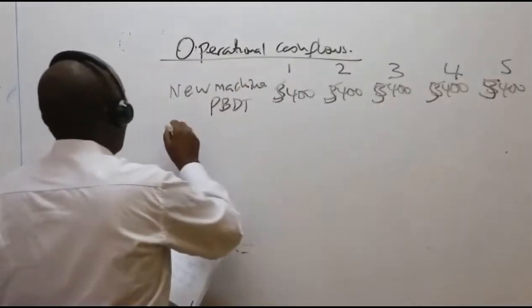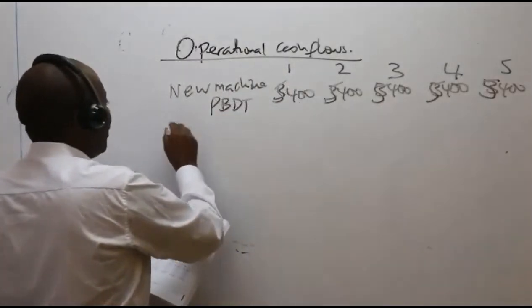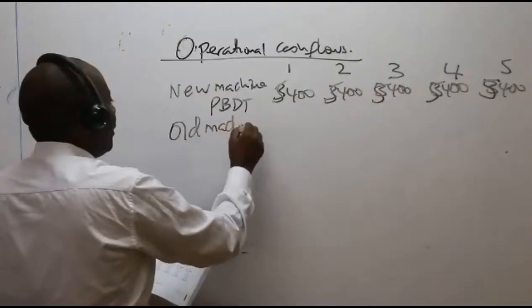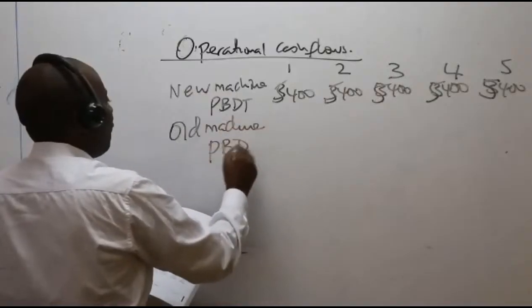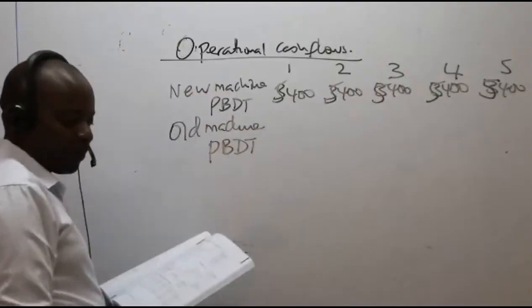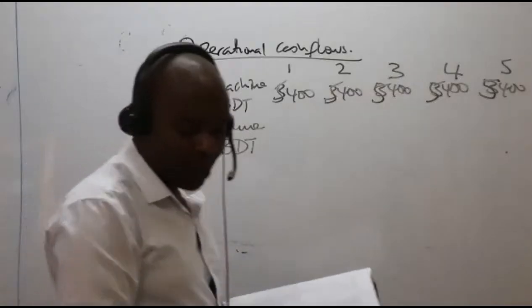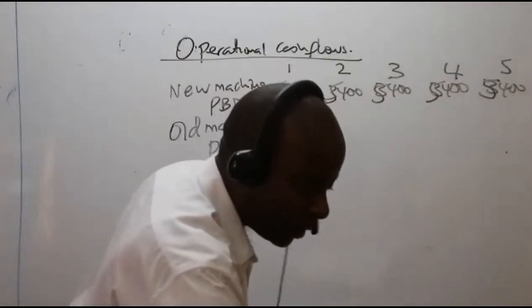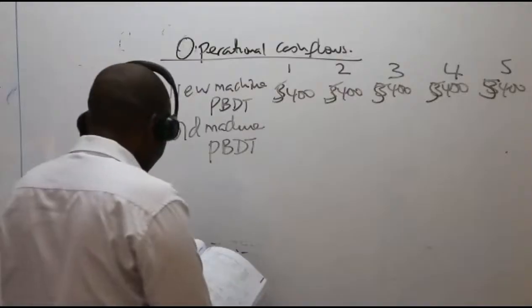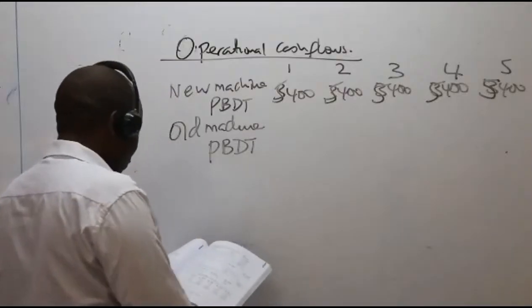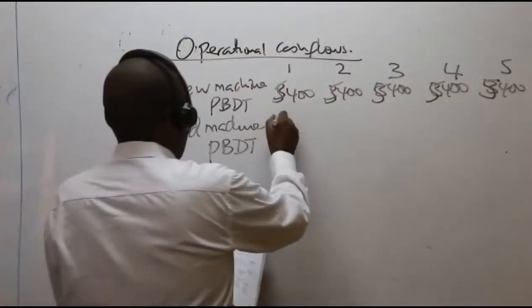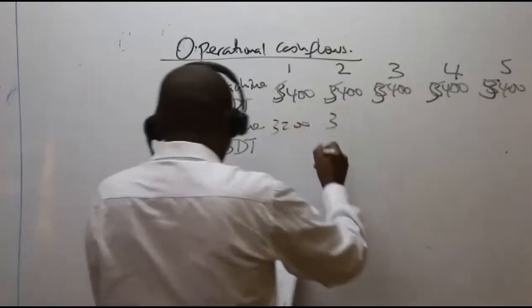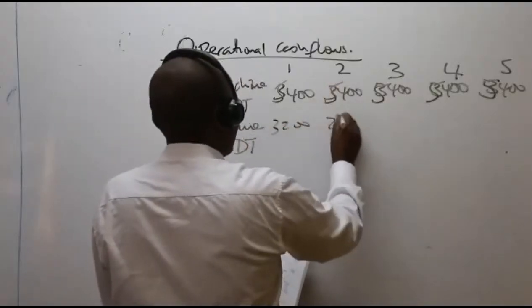So, ladies and gentlemen, come here and give us the old machine, profit before depreciation and tax. What figures do we have? So I can see them vividly. The first year, we have got 3,200. 2,800.